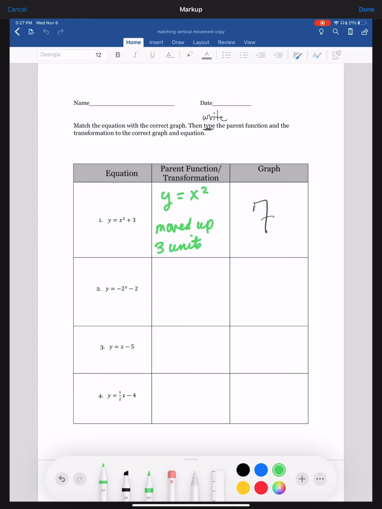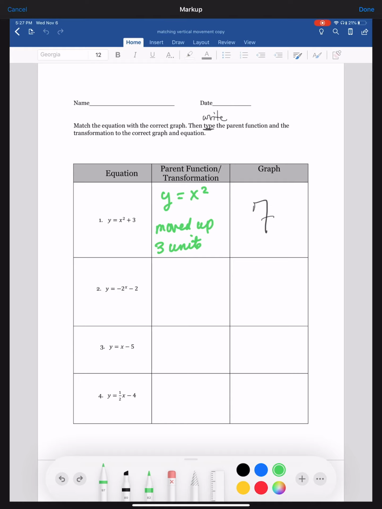Okay. So I'm going to do 3 more, and then I'll do 2 more in class. Well, no, I'll do 2 more here, and then I'll do 2 more in class.